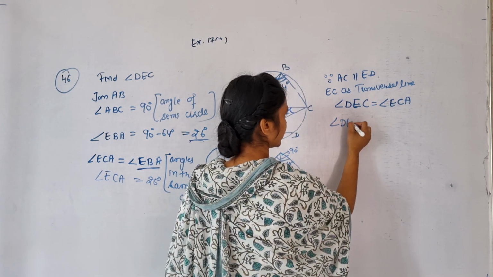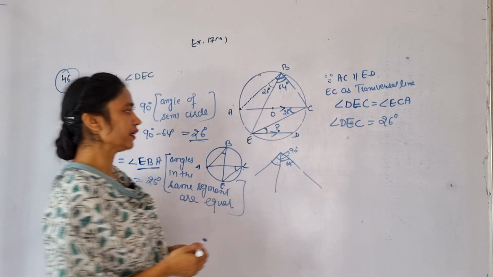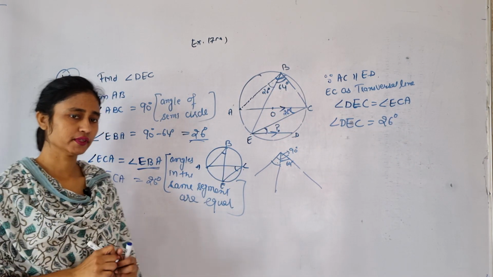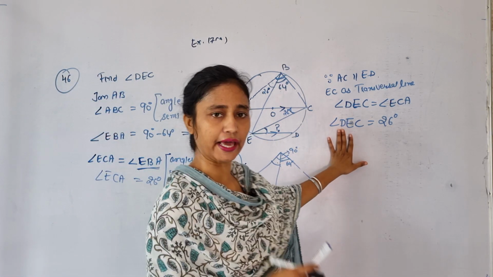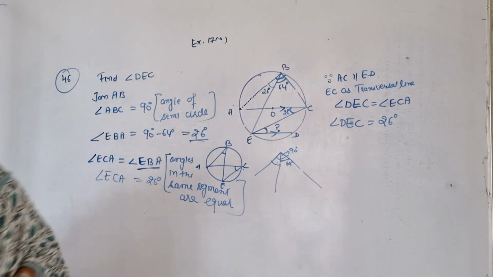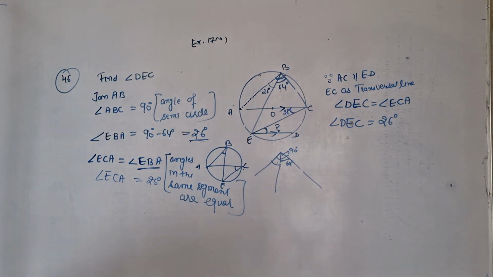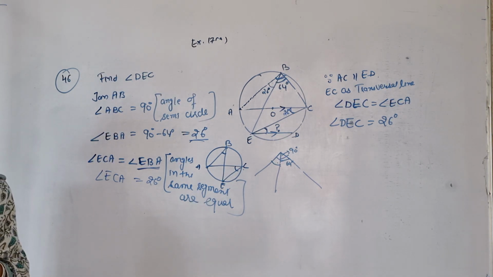ECA we have calculated as 26 degrees, so DEC will be 26 degrees. Thus we have calculated angle DEC. Hope this sum is clear to you. See the next one.